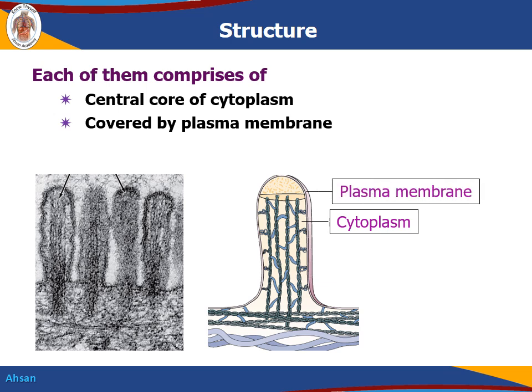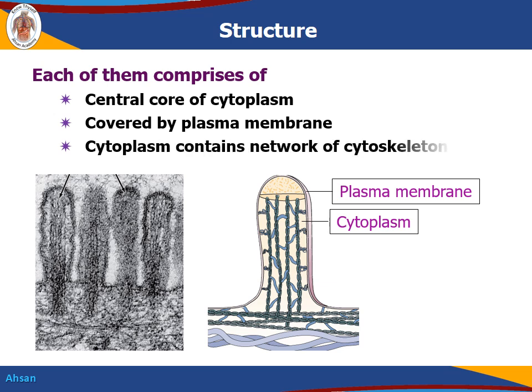In this plasma membrane, lipid bilayer, proteins and carbohydrates are there. Inside the cytoplasm, we can see a network of cytoskeleton working as the skeleton of the microvilli. So this one is a relatively permanent structure.